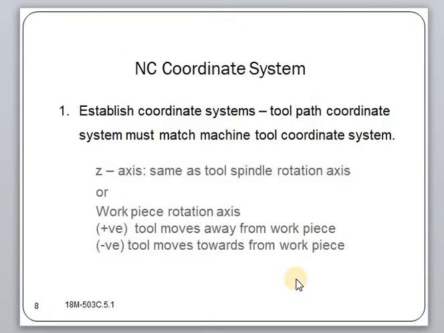So, in relating the various coordinate axes and motions to a particular machine, the following general principles are followed. Z-axis: this is the most important axis for machining and it is always aligned with the spindle that imparts cutting power.